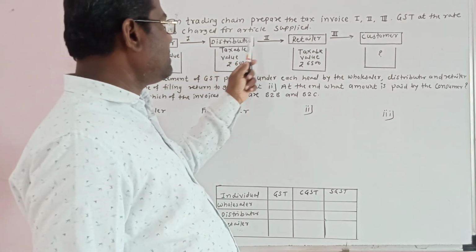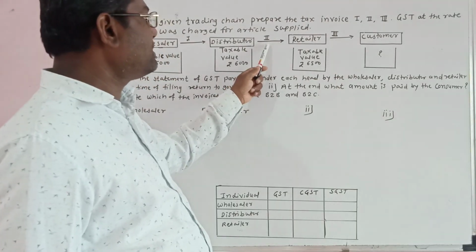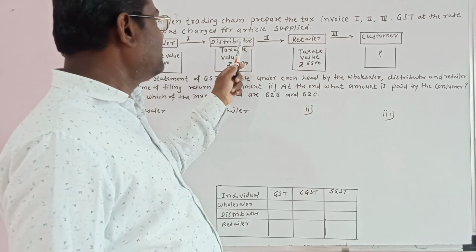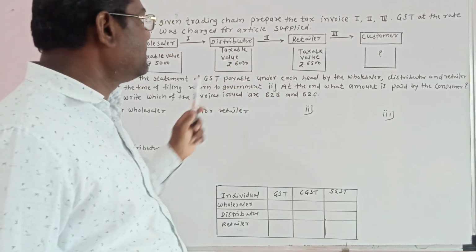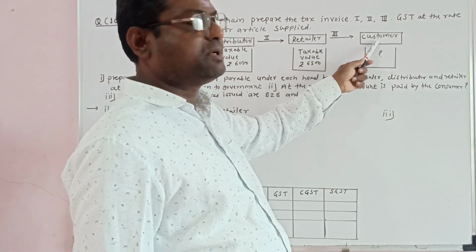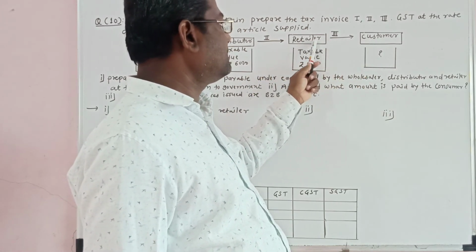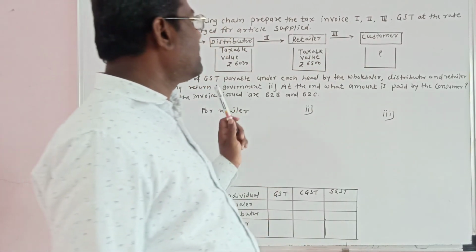Then distributor to retailer, this is transaction number 2, that is tax invoice number 2. So the distributor has to give a tax invoice to the retailer at this stage. Now retailer to customer, tax invoice number 3. So the retailer has to give the tax invoice to the customer.